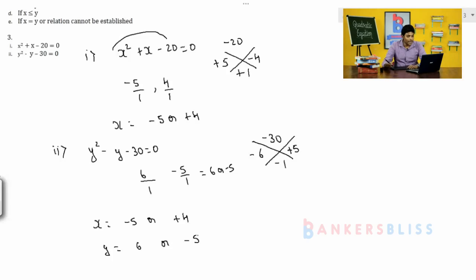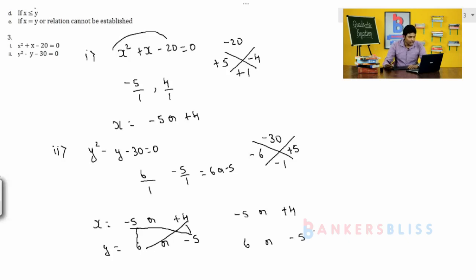Now we have to compare both x and y. See here, this minus 5 you have to compare with y, this one and this one, and this 4 you have to compare with this one and this one. So each and every value you have to compare with both the values. So see here, minus 5 or plus 4, next 6 or minus 5.